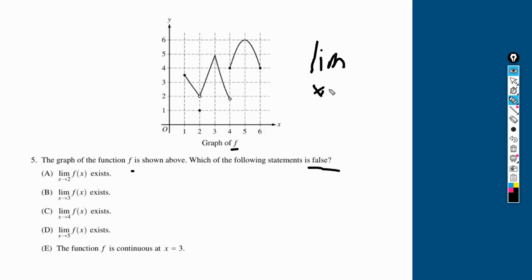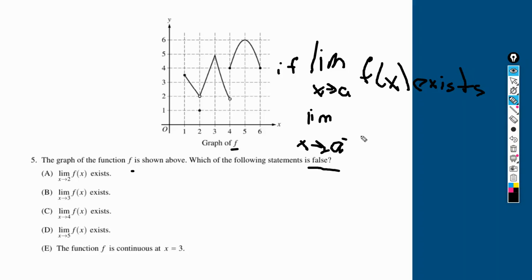If the limit as x to a of f of x exists, if it exists, that means that the limit as x to a from the left, denoted by a minus, equals the limit as x to a plus from the right, denoted by the positive sign here. This is basically saying the limit from the negative direction is equal to the limit from the positive direction.